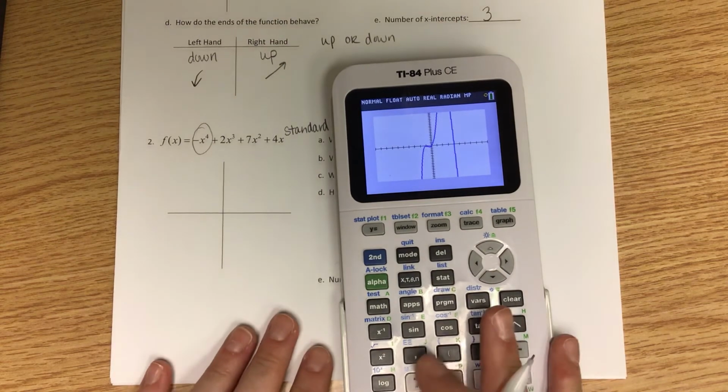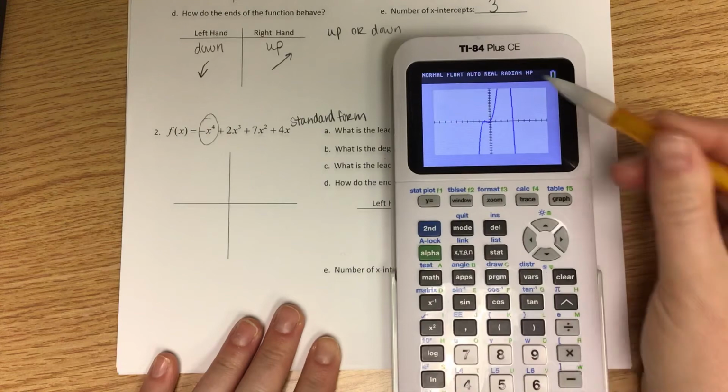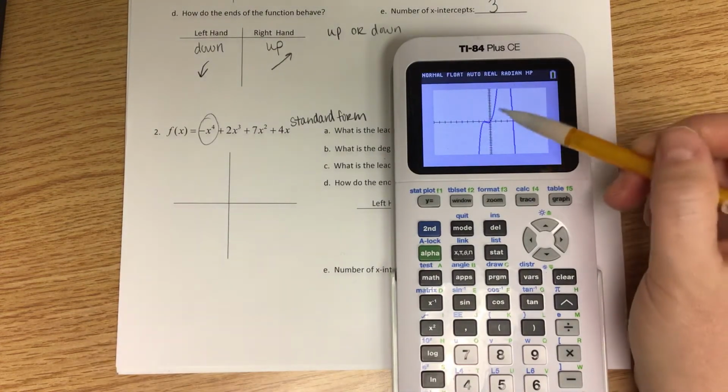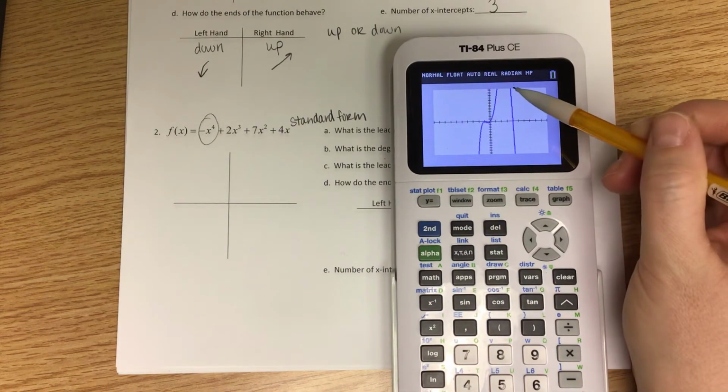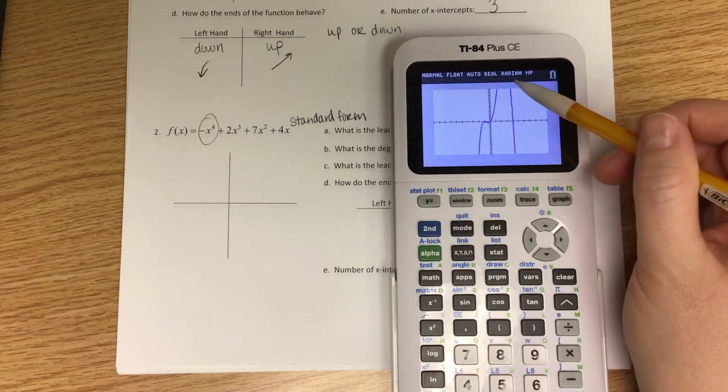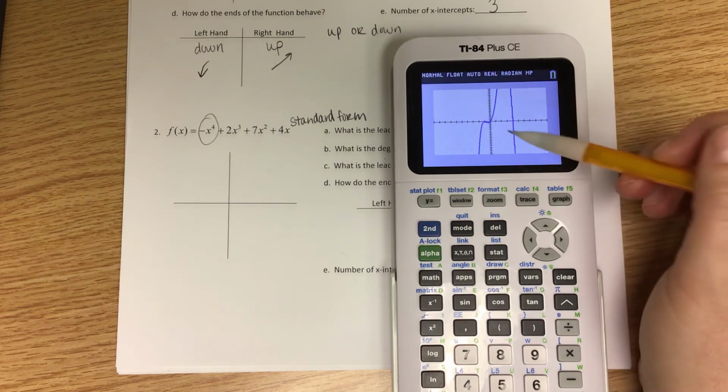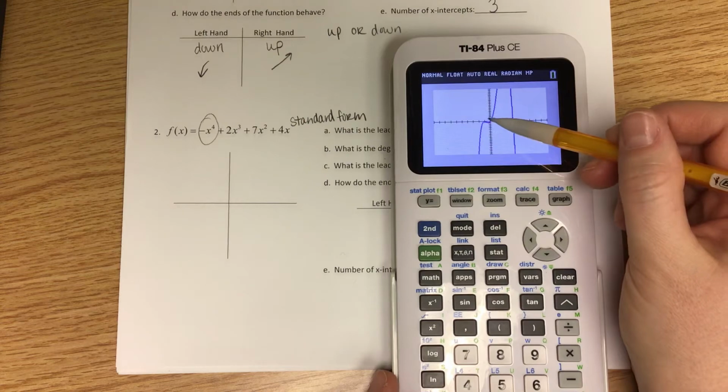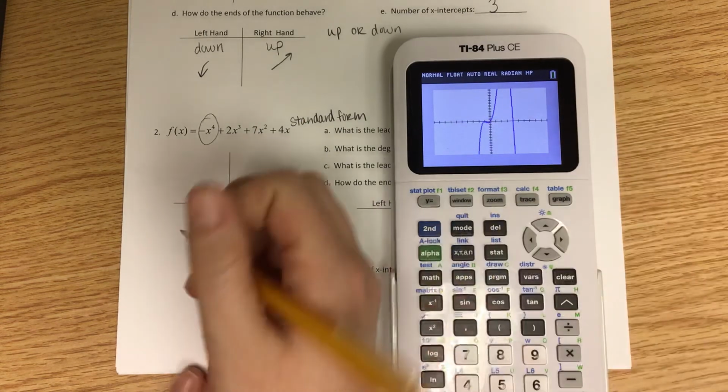When I go to sketch the graph of this, notice I can't see up here, but I know it goes up and it has to come back down because that's the only thing that would make sense. When I look here, I can see that it touches my x-axis and then comes back down.